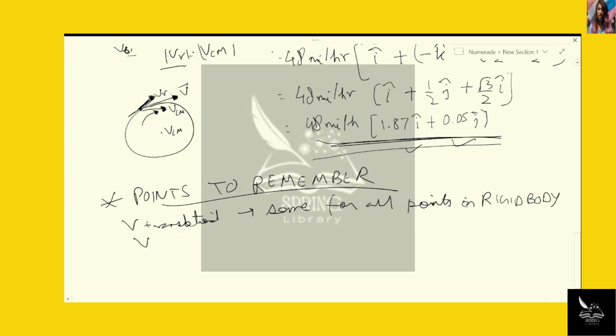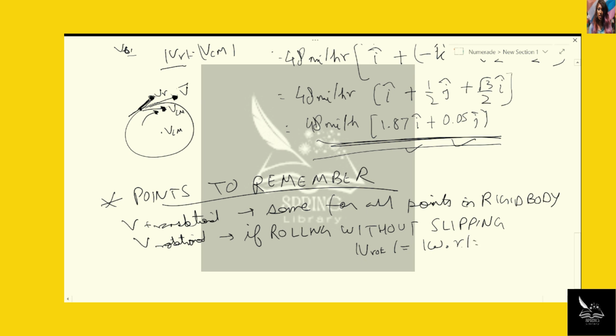V rotational, if the body is rolling without slipping, then basically the modulus of V rotational is going to be modulus of omega naught r, where r is the radius of the circular body, which equals just VCM.